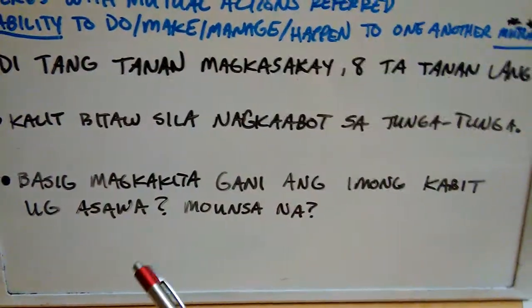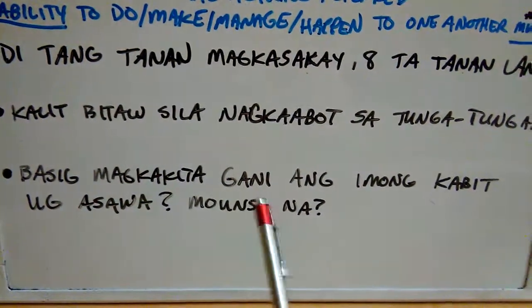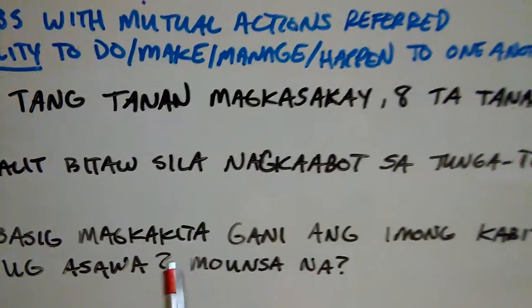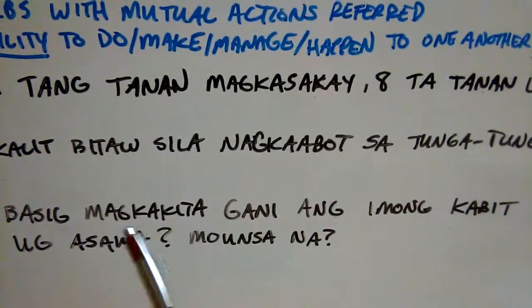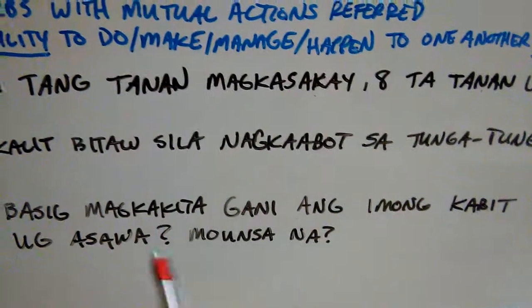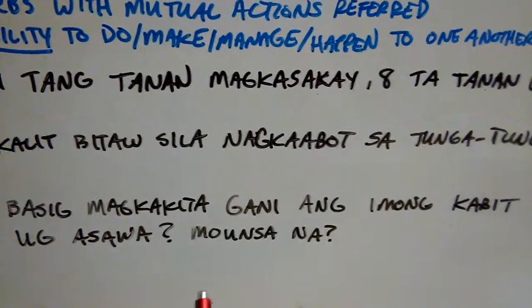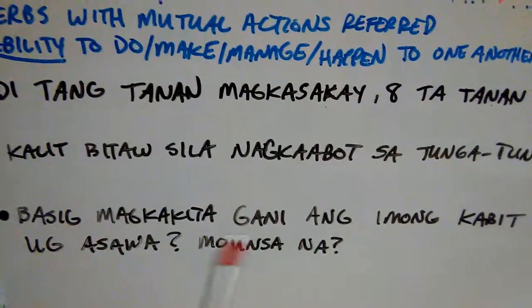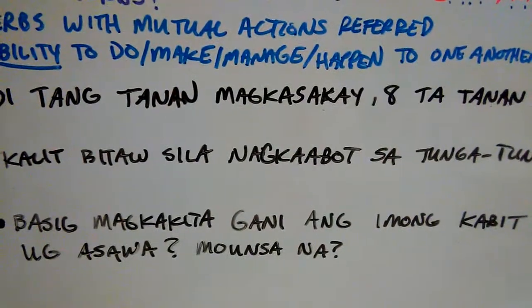And lastly, "Basig magkakita ganing imong kabit ug asawa, muunsa na." So, again, what if they did meet, what if they did see each other? If they did, it wouldn't be planned. Well, it could be by accident, but it definitely wasn't planned, and it was not within the intention of the wife.